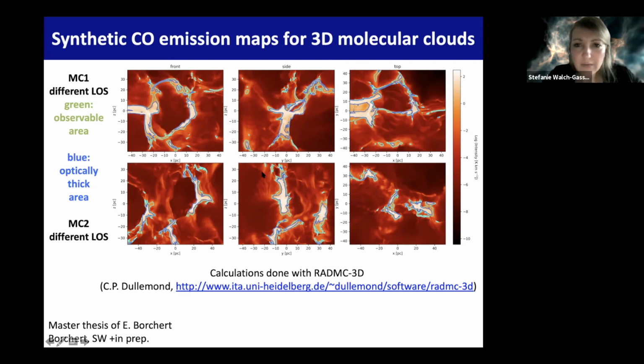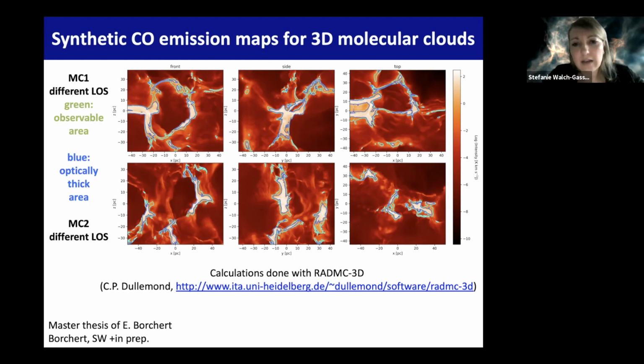One thing we also did here is that CO is a collisionally excited line, so you need to consider collisional partners, and typically only molecular hydrogen is considered as a collisional partner for CO. But previously we have seen that there is coexisting atomic hydrogen, and also there are some electrons, and helium is always there.